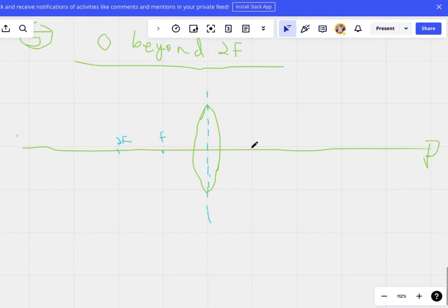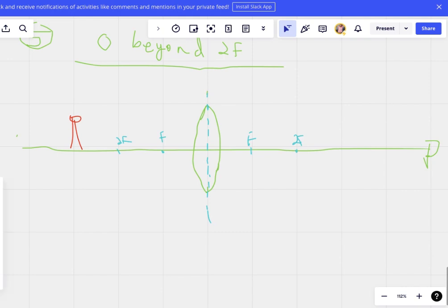This is F on the right, and this is 2F on the right. And let's say we put the candle light farther away, let's say from here. The candle light is further away, so from here.